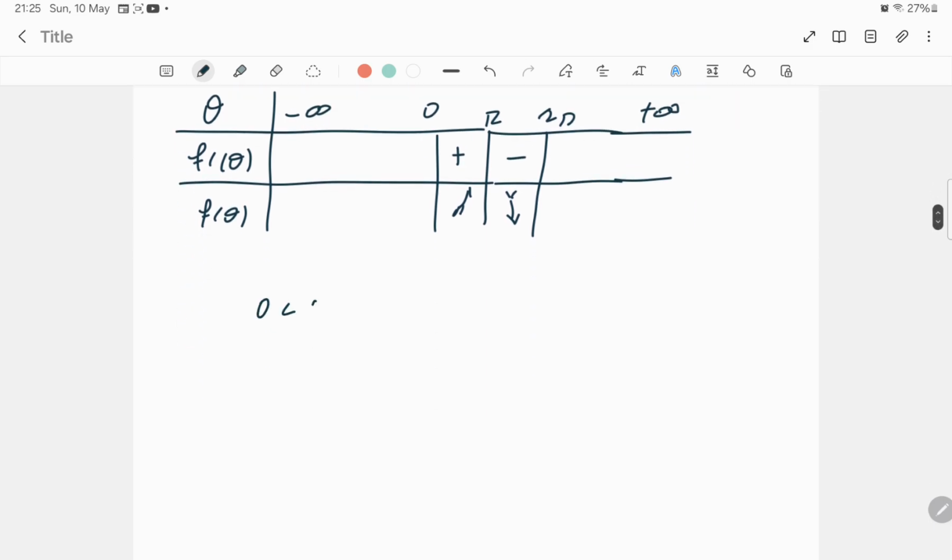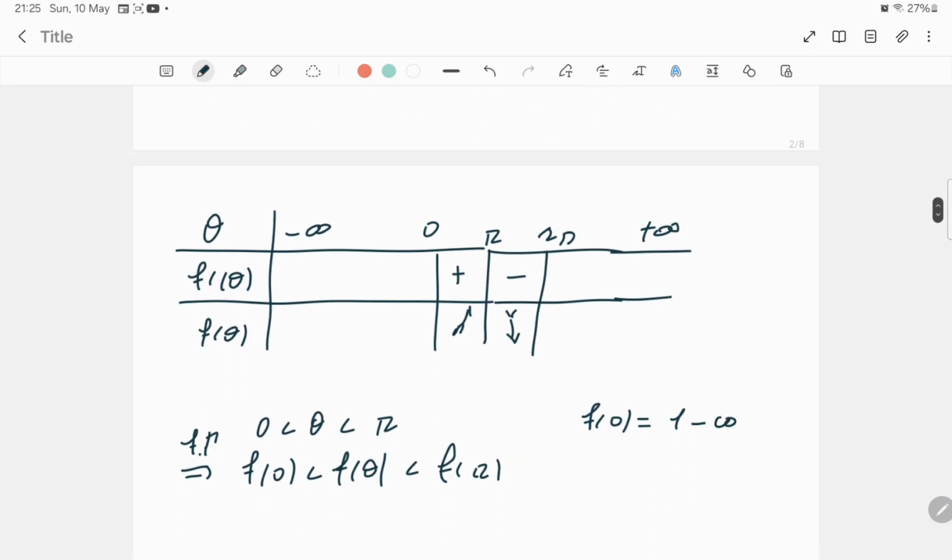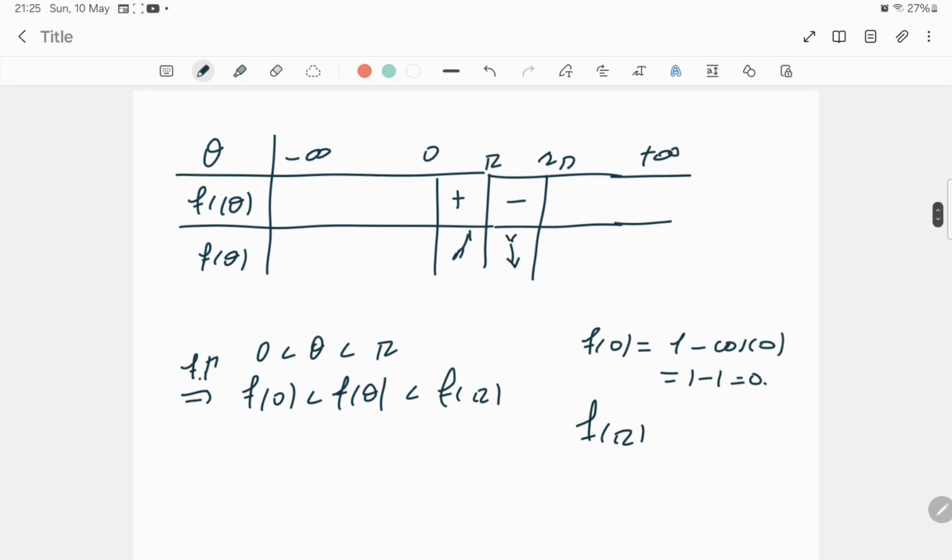So when theta is between, we see what happens here. What is the sign of the function? From 0 to pi, the function is increasing, so we have f of 0 less than f of theta less than f of pi. f of 0 is going to be 1 minus cos 0, so that's going to be 0. f of pi is going to be 1 minus cos pi, that's going to be 2.